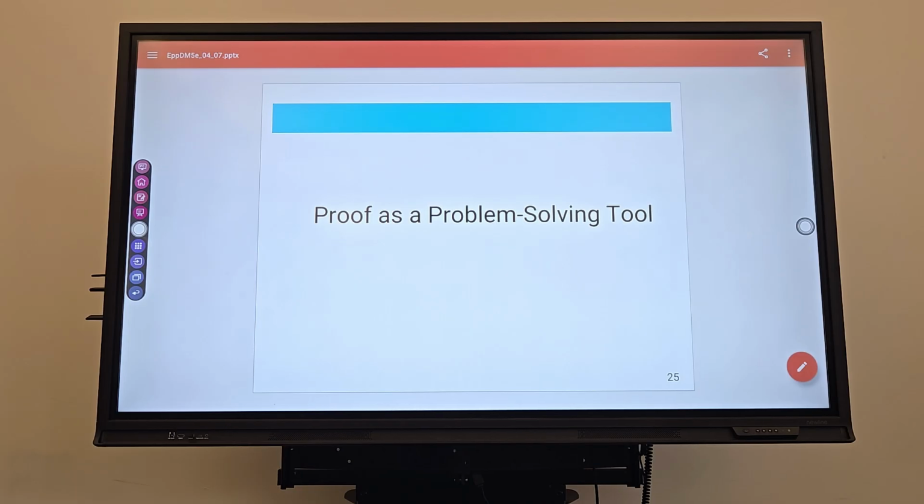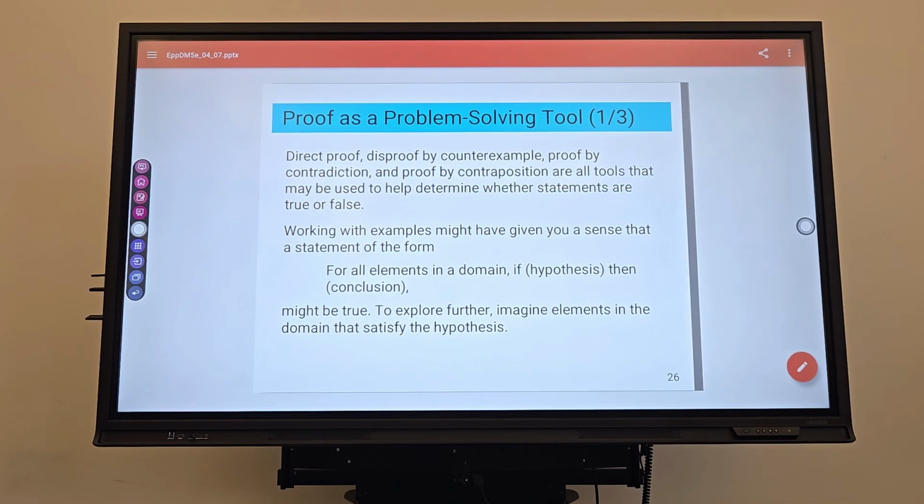Proof as a problem-solving tool. Direct proof, disproof by counterexample, proof by contradiction and proof by contraposition are all tools that may be used to help determine whether statements are true or false. Working with examples might have given you a sense that a statement of the form, for all elements in a domain, if the hypothesis is true, then the conclusion is true, might be true.